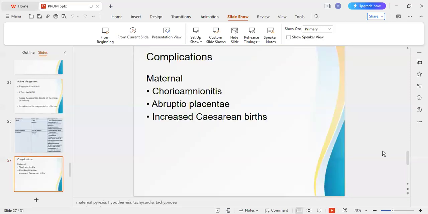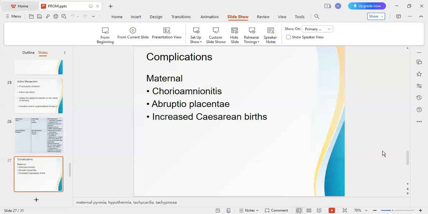So let's talk briefly about the complications. There are a lot of complications, but these are the very common ones. With respect to the maternal complications, we talk about chorioamnionitis, which is the most common complication. With chorioamnionitis, we are worried about the maternal vitals. We have to pay attention to them, as I mentioned earlier. How is the heart rate?